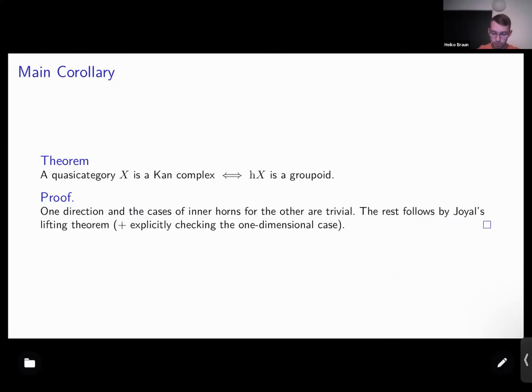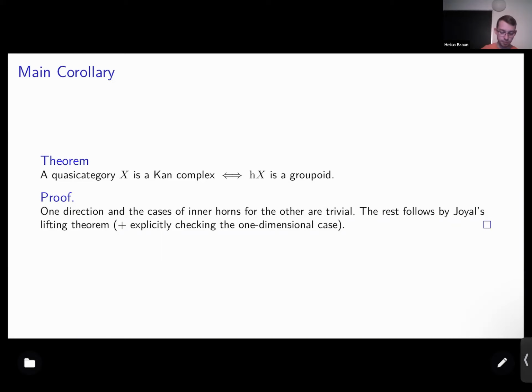thought of this theorem, the idea was that a quasi-category which is a Kan complex should exactly be the same as a groupoid, an infinity groupoid. So quasi-categories are infinity categories, and Kan complexes will be the infinity groupoids in there.